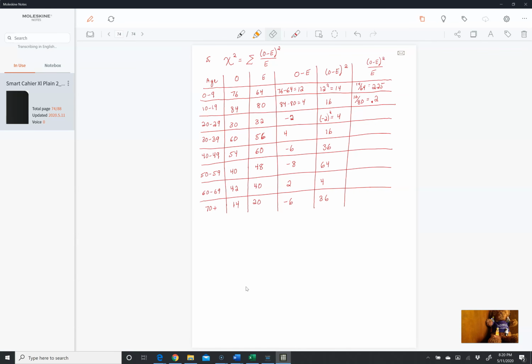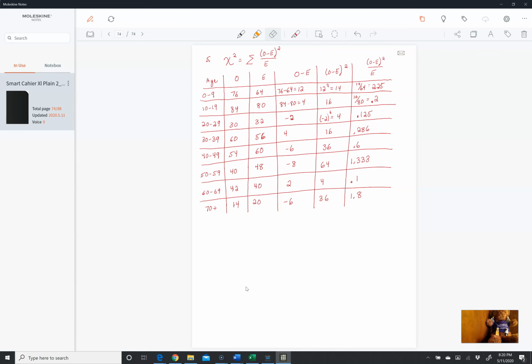We're doing so much writing that I'm not writing out the 00. I'm trusting you to understand that. We get 0.125. We get 0.286. 0.600. 1.333. Notice I'm going 3 decimal places. 0.100. 1.8.